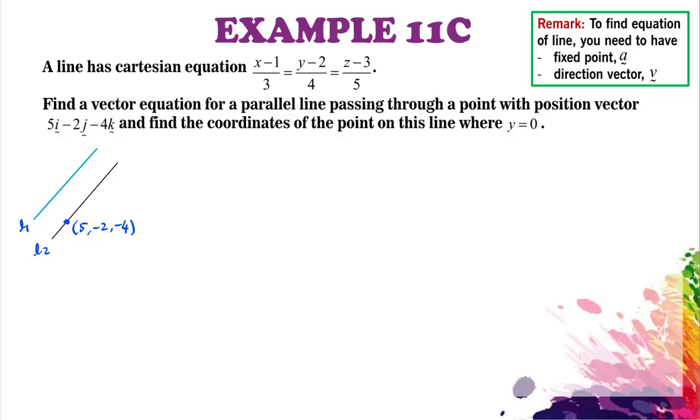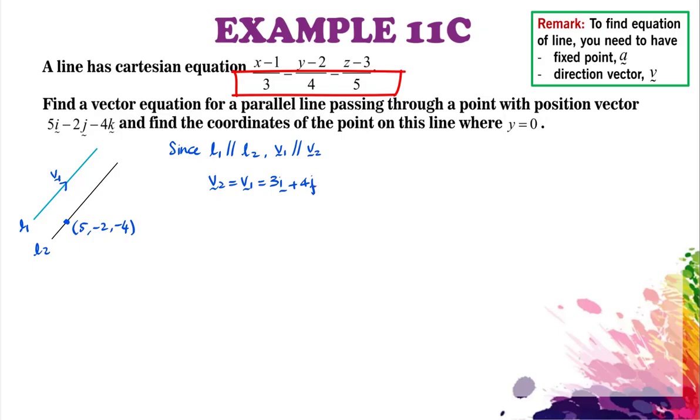We know that the two lines are parallel to each other. So we're going to have V1 parallel to V2 as well. It means we can have V2 equal to V1. The V1 we will find from the equation of the line, which is the denominators.